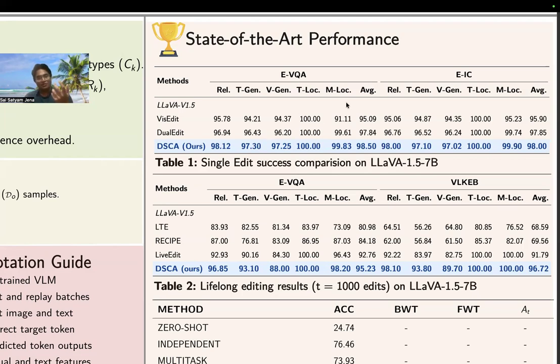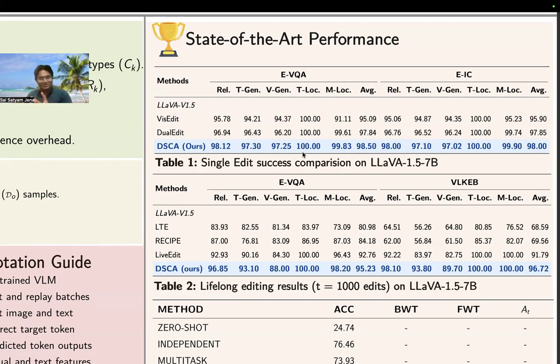And TLOC and MLOC are the localization metrics. Localization means these are related to unrelated concepts. After editing on a proper concept, we ask the model random unrelated things, and if the model still remembers the past knowledge it had, these localization metrics show that.